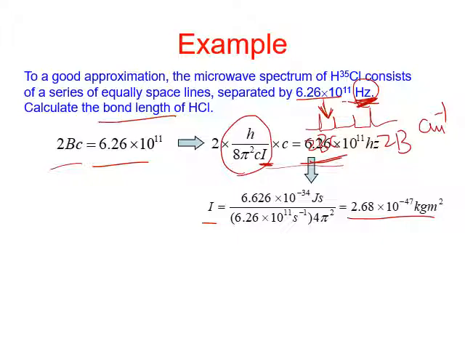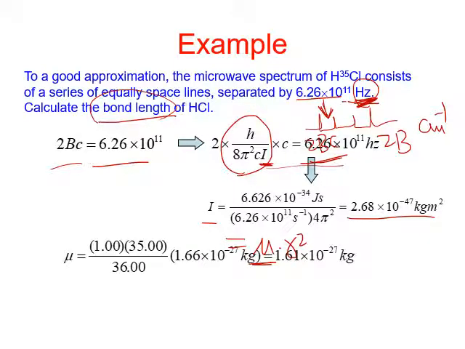Okay, now in order to calculate bond length, the moment of inertia is mu times r squared, so we need to find mu, the reduced mass, and the reduced mass is m1 m2 over m1 plus m2.